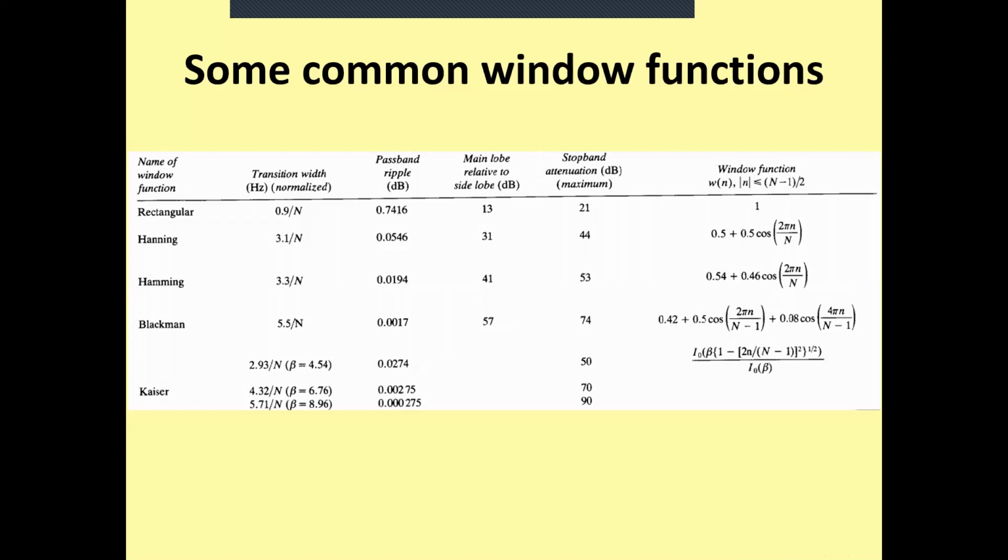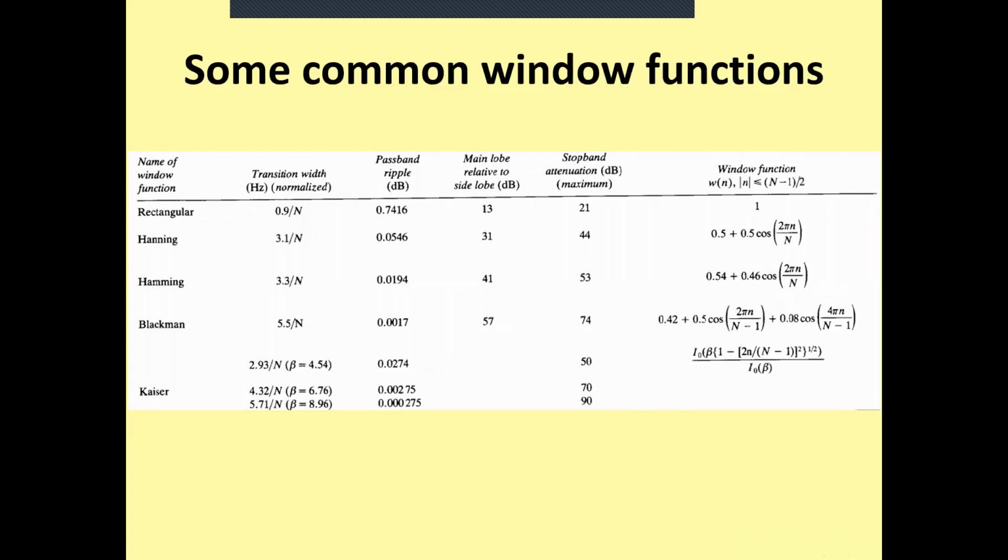Of course, we have to go to the second column. Look, please. At the second column, we have this equation, which is 3.3 over N. And look at the title of this column: a transition width. We said that we have 3 different regions in the filter.